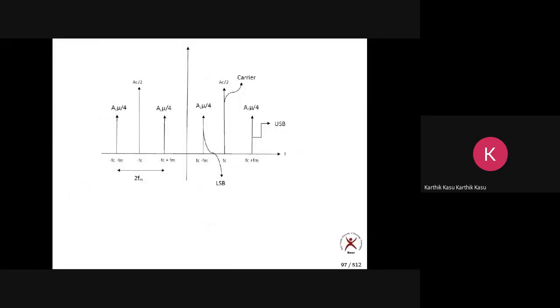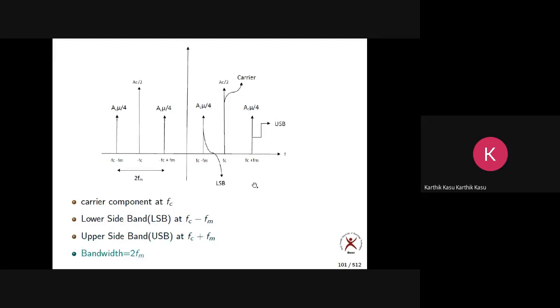Just like the previous spectrum, it also contains 3 components. What are they? The carrier component at Fc, the lower sideband at Fc minus Fm, and the upper sideband at Fc plus Fm, with bandwidth 2 Fm.